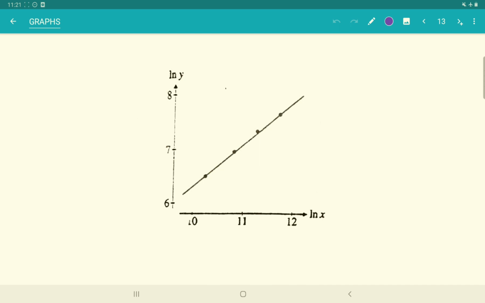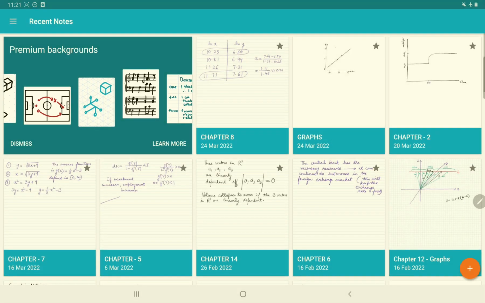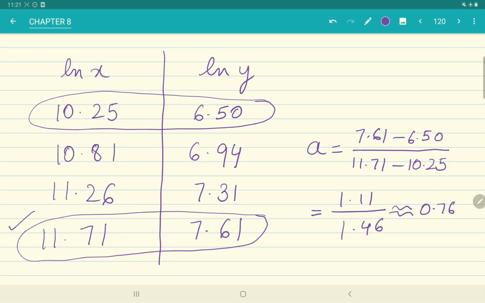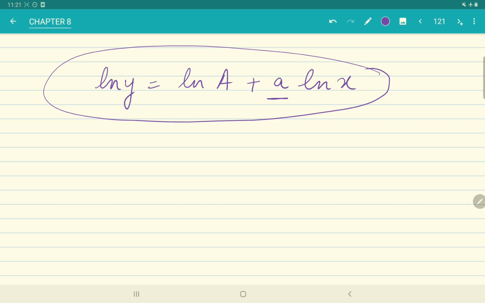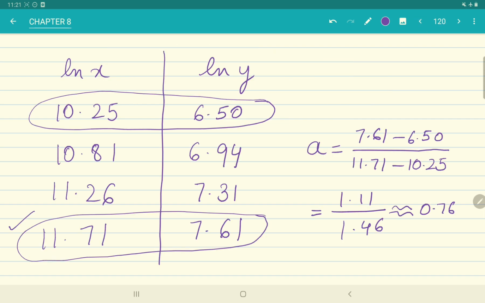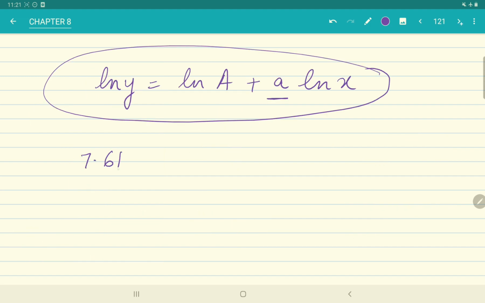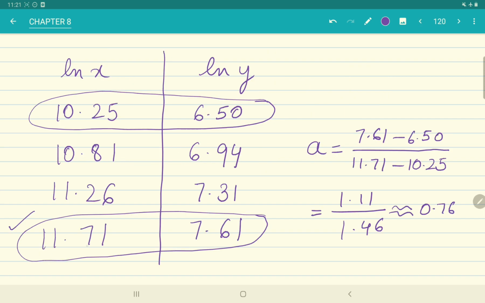Let's say I require the line to pass through this last point, which is 11.71 and 7.61. So we can think of ln y, and I can just put those numbers here and work out what ln a is. So ln y, which is 7.61, is equal to ln a plus little a, which I know is 0.76, times ln x, which I know is 11.71.